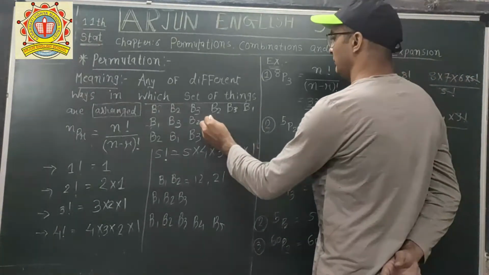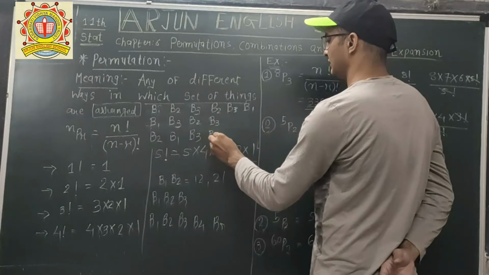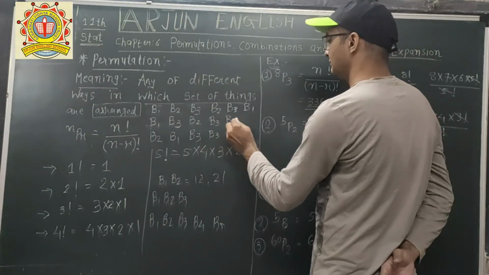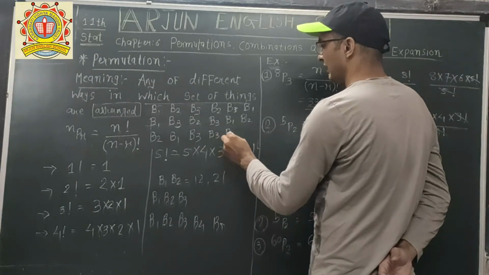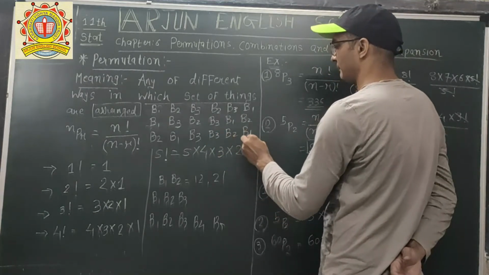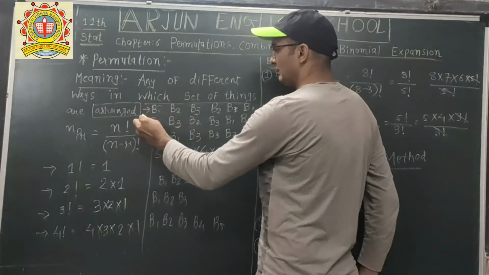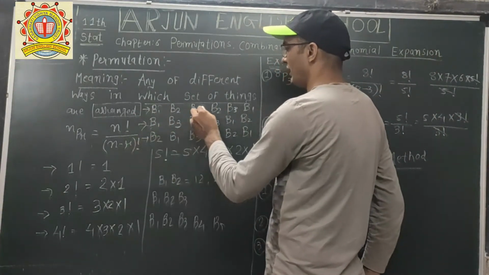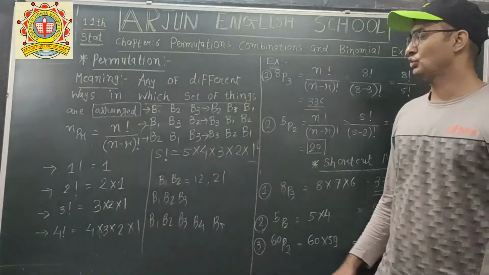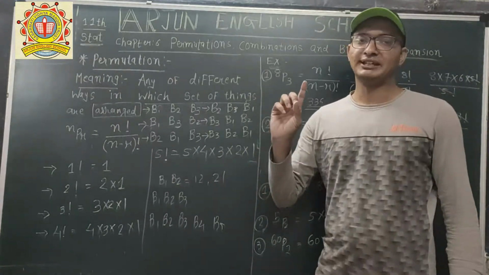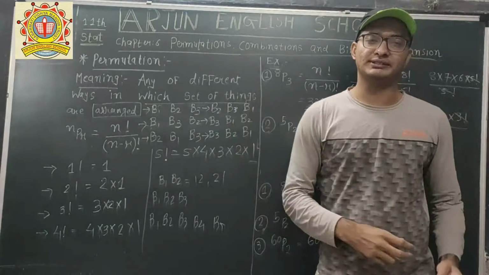Now B3 in the first place, then B1, then B2, and now B3, B2 and B1. So you can see that three boys are arranged in 1, 2, 3, 4, 5 and 6. So if there are three boys, then these three boys are arranged in 6 different ways.